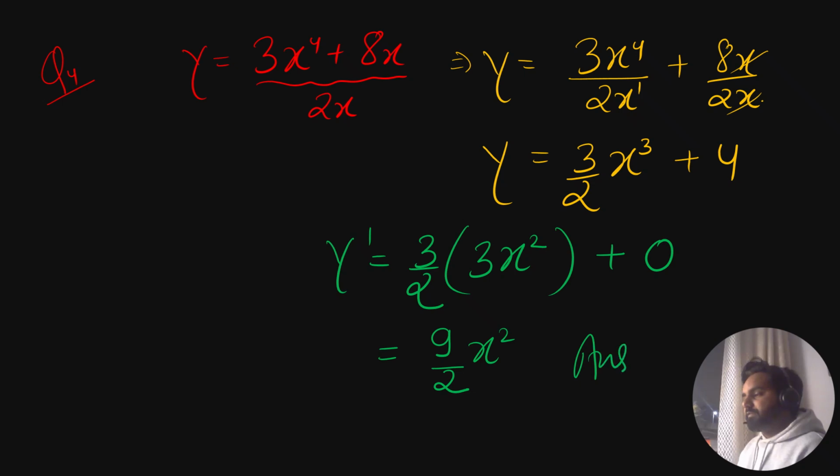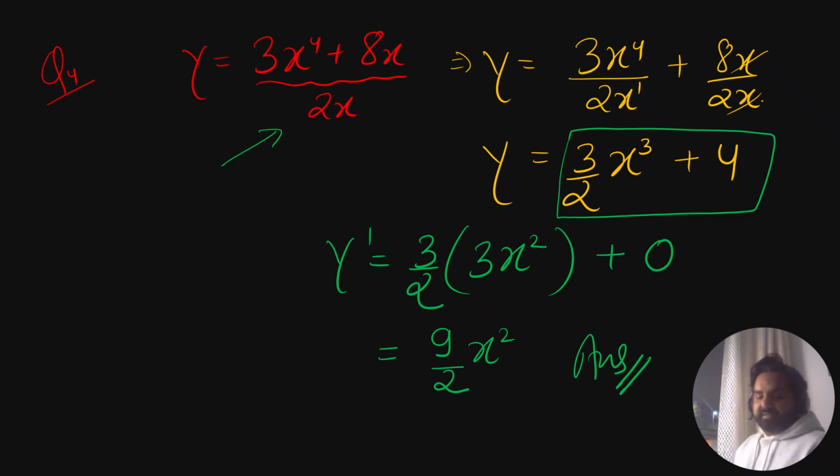So this is your final answer. This is more about how you can split them and divide them and get a good algebraic expression, and then you can do the differentiation.